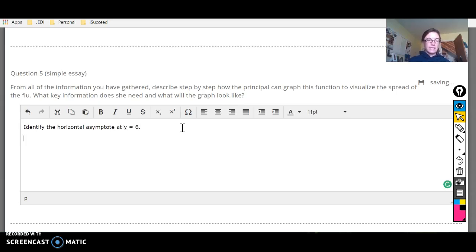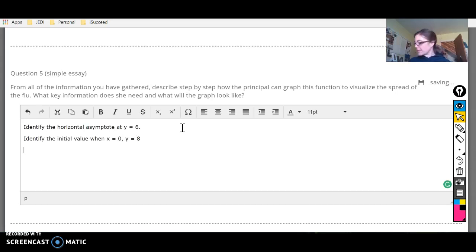The second thing the principal should do is identify the initial value: when x equals 0, y equals 8.